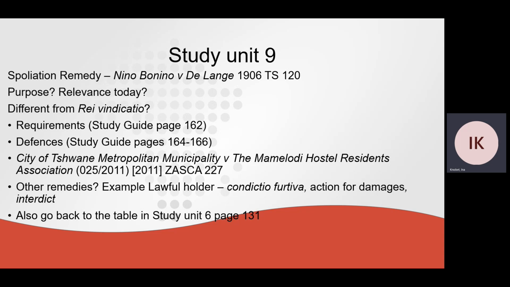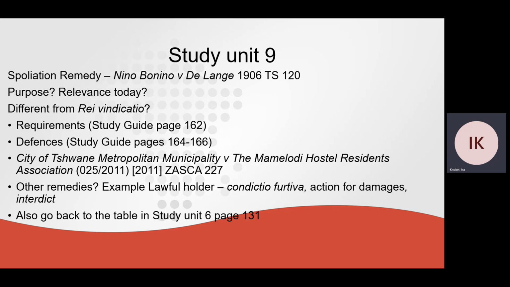But just make very sure that when you read a set of facts, that you understand that when you deal with ownership and you deal with protecting ownership, the reivindicatio becomes the relevant remedy.